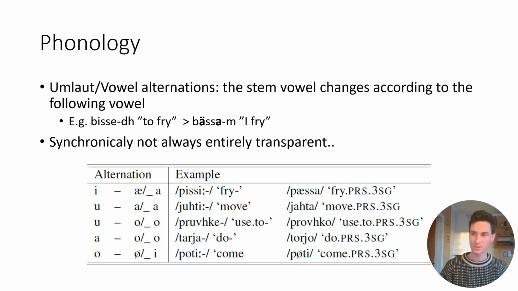An U changes into an O in front of an O, like provke, provko. An A changes into an O in front of an O, like tarja into torjo. And an O changes into an Ö in front of an I, like poeti, pöti.